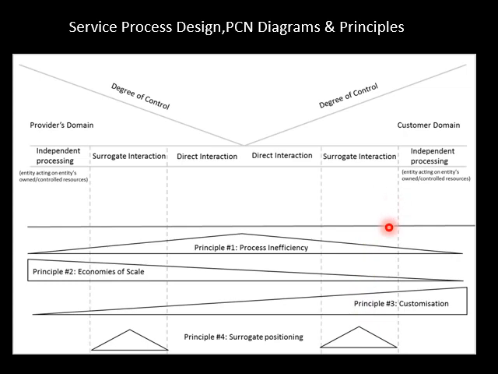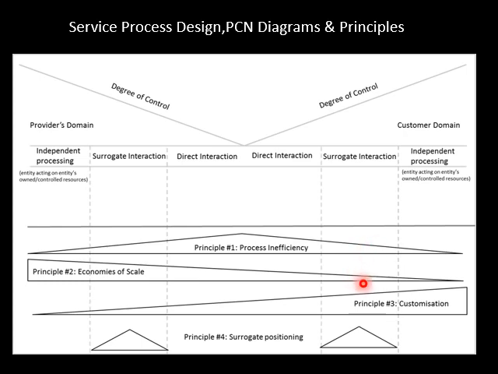So what's happening is customers are gaining more control through digital businesses. They're gaining more customization. The businesses are reducing their inefficiencies, but there's no real economies of scale.